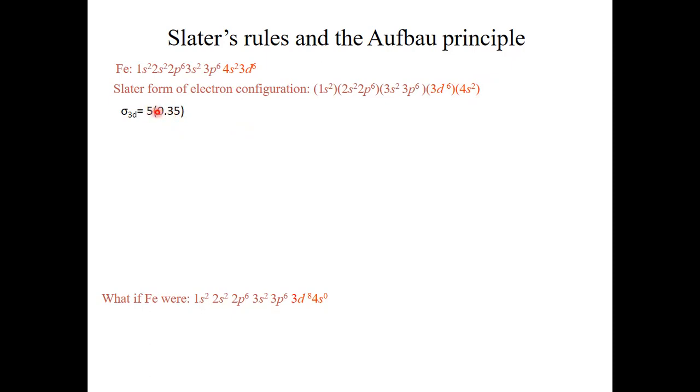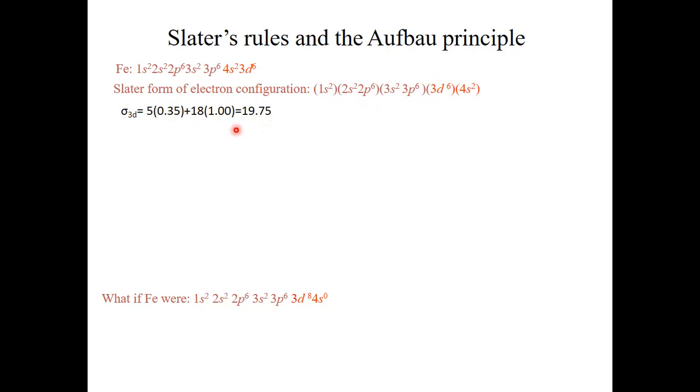We have 5 times 0.35, and then we have 18 times 1.0. That is because we're looking at the d electron, so any other electrons which are to the left of the group that we are looking at count with a factor of 1.0, so all 18. So we have 18 times 1 added to 5 times 0.35, and that gives 19.75.